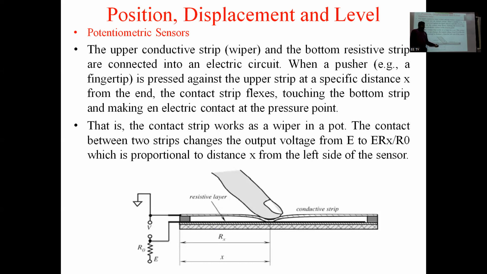And again V equals I into R, that means voltage also changes. So the output voltage of that type of sensor usually changes, and this is another type of arrangement.